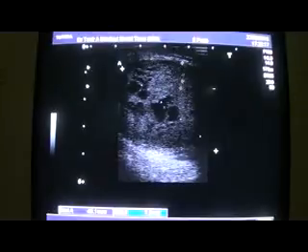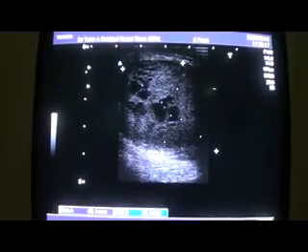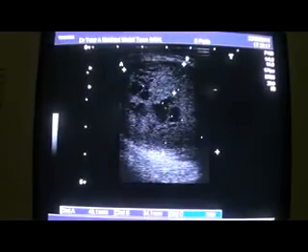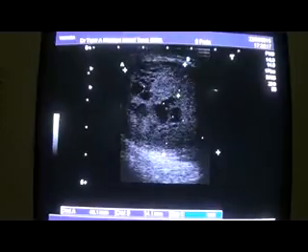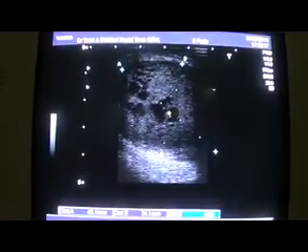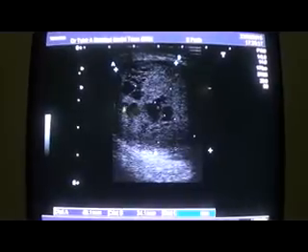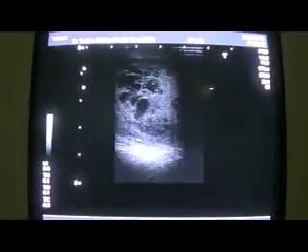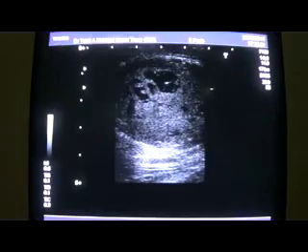So 4.8 into 3.4 centimeters. Note these irregularly outlined cysts. This is a cyst with echoes, which we will study in a few minutes.